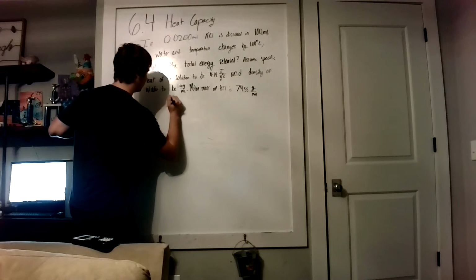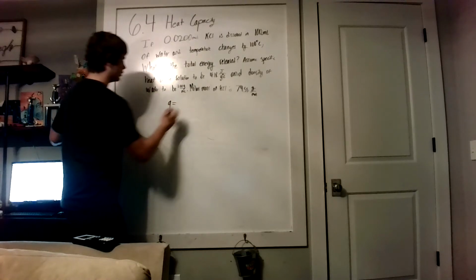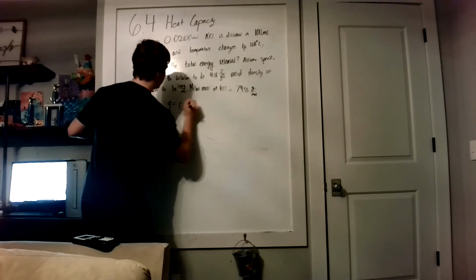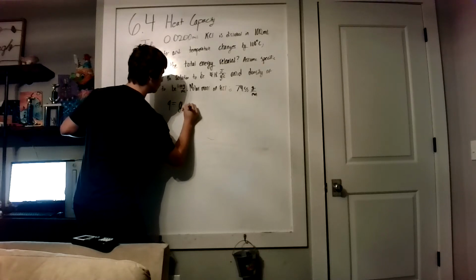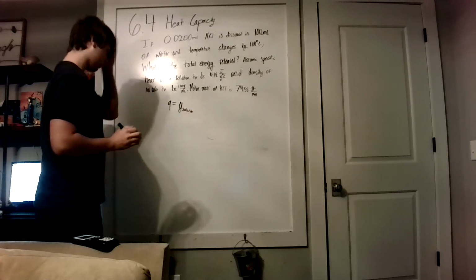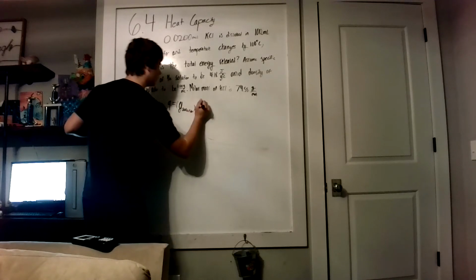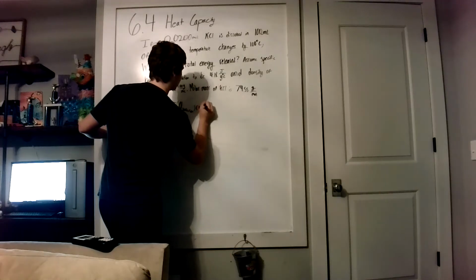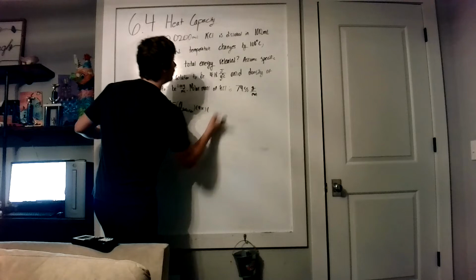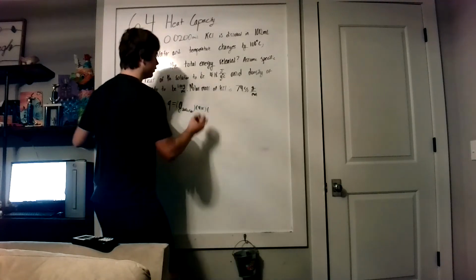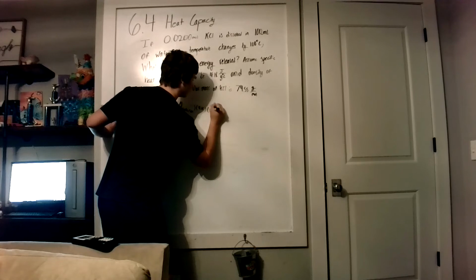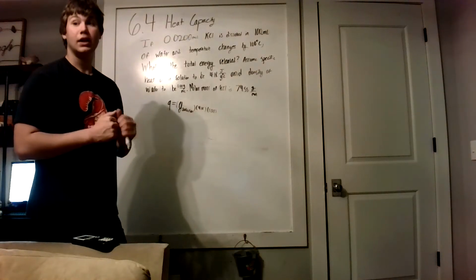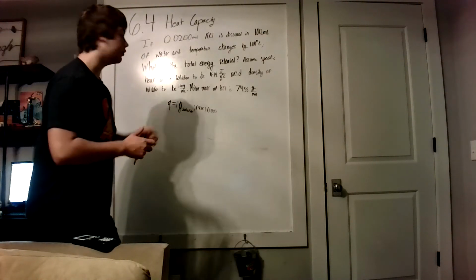So we know that Q equals our grams of substance, so grams solution, times our specific heat of the solution, which we know to be 4.18, and then our temperature change, or delta T, which we know is 1 degree. If it's not given to you as a temperature change, it's final minus initial, as every single delta is, or change.